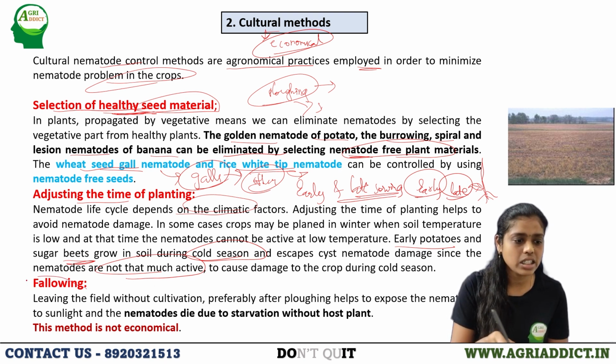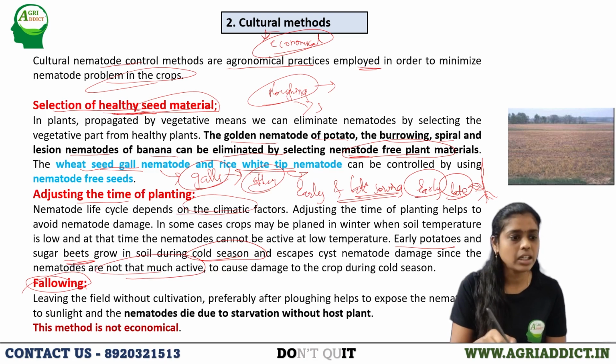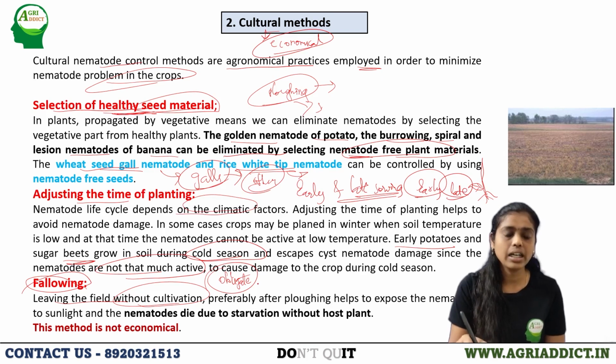And the next method is fallowing. Fallowing is nothing but leaving the field without cultivation of crops for some period of time. We know that nematodes are obligate parasites, which means they cannot survive without the host and moisture for even a few weeks.